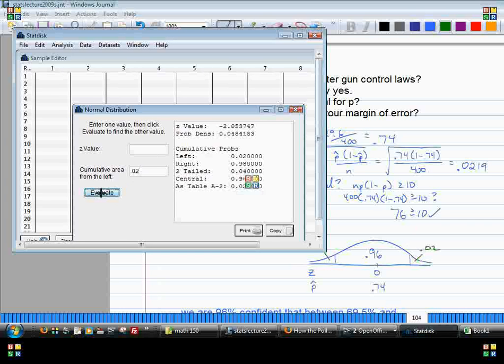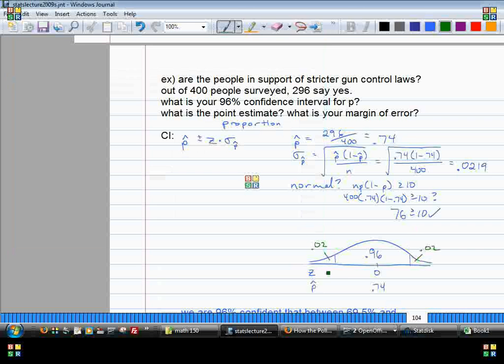Knock it out. There's our Z-score, 2.0537. And now we have everything we need.